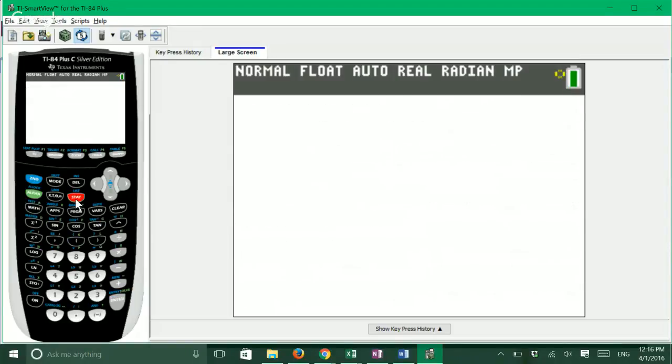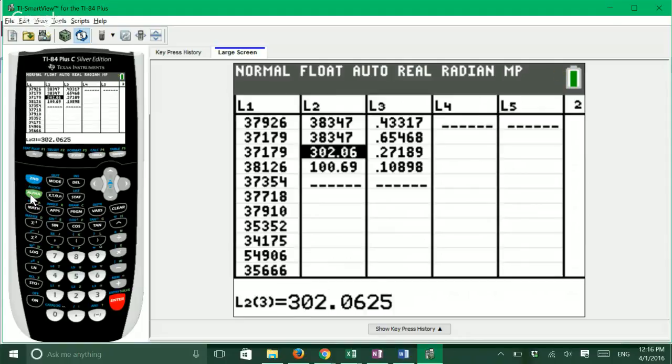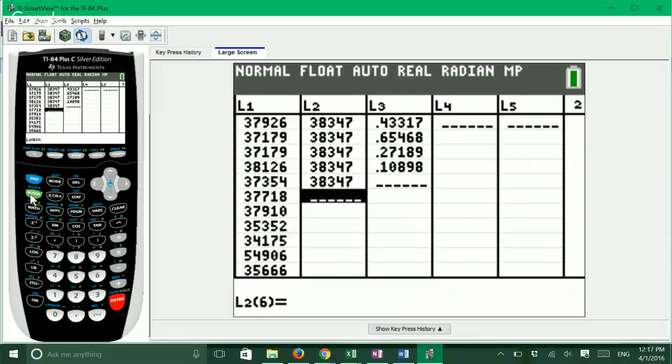I'll go back to the list and make all of these the same number. That number is A. You can store it as anything you want. That's just my attempt at a shortcut.